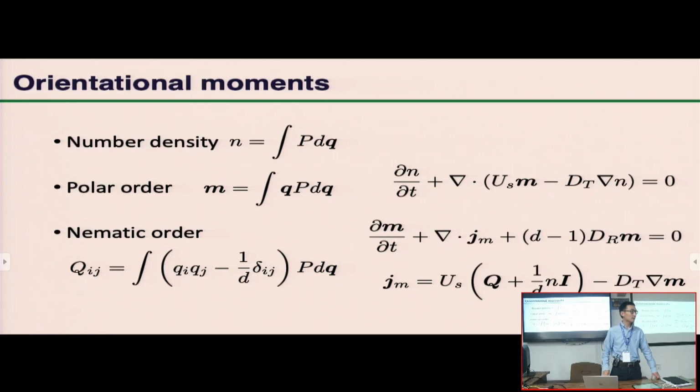Other questions about this? In 1D, you won't have a rotation. It will just be a time scale that defines how long it takes for the particle to change its orientation from +1 to -1, or vice versa.